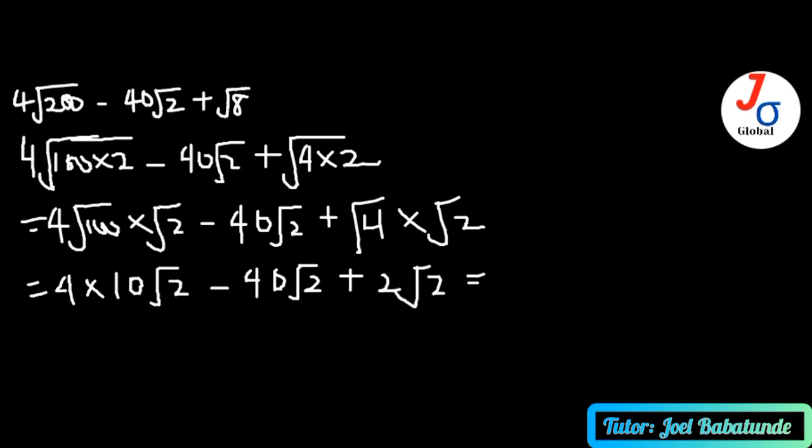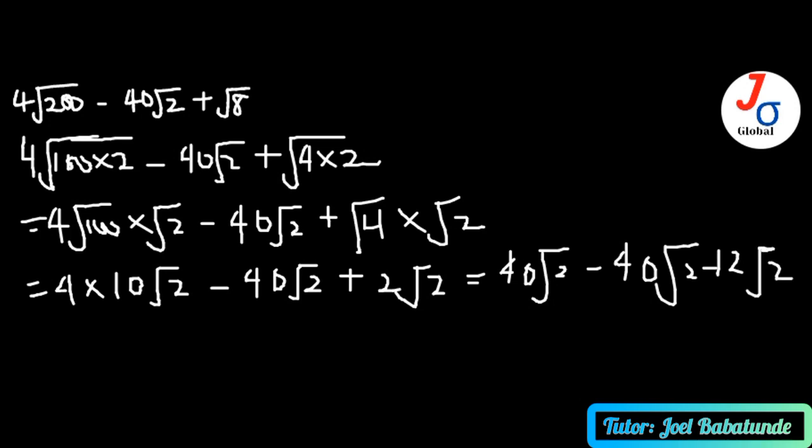And that gives us 40 root 2 minus 40 root 2 plus 2 root 2. Okay, so since they are similar, basically I could just cancel out this 40 and minus 40 since they are plus and minus. So the answer is going to be 2 root 2.